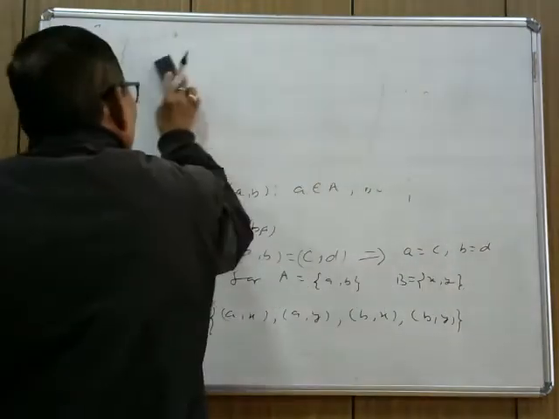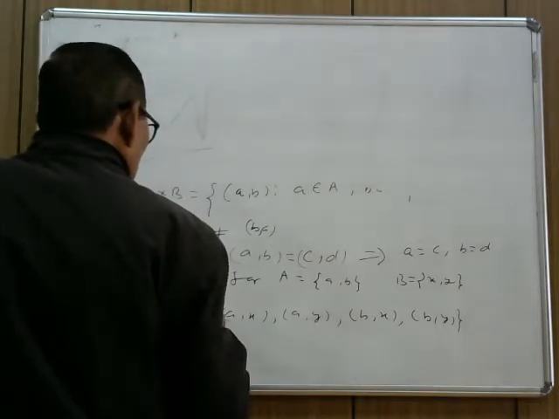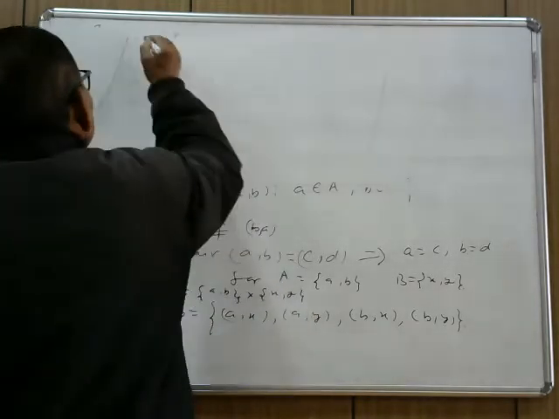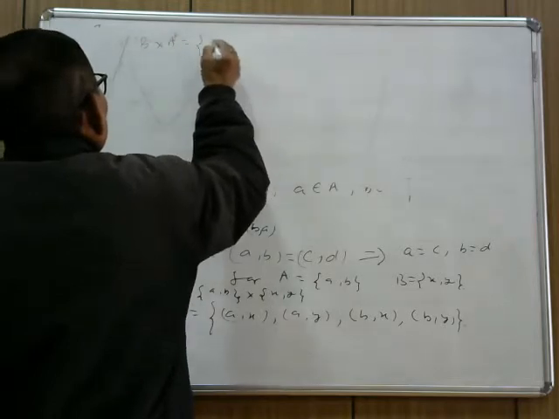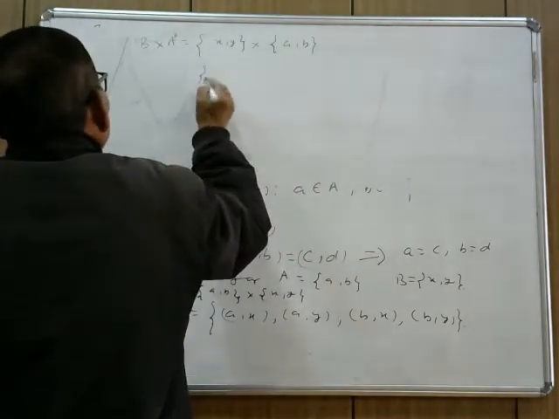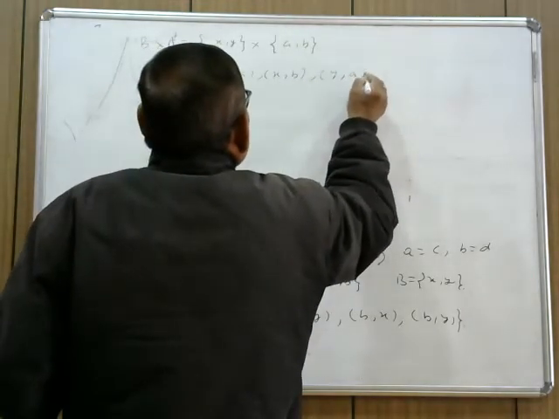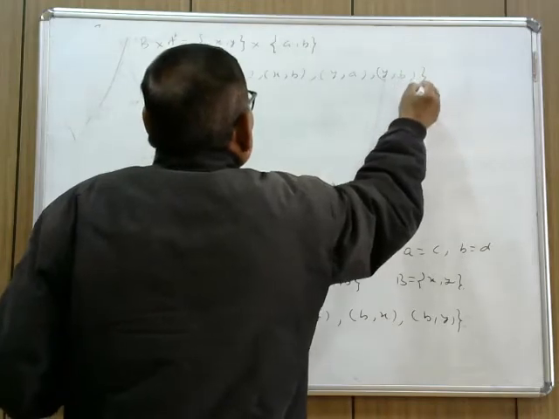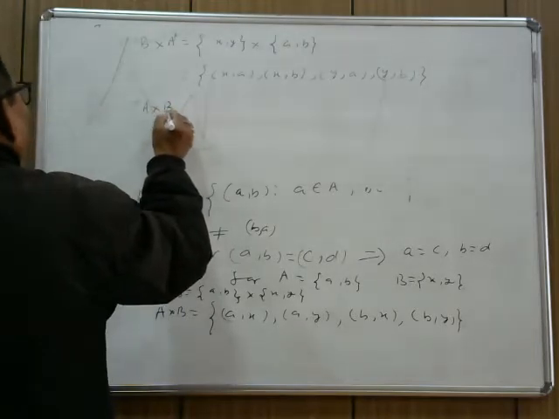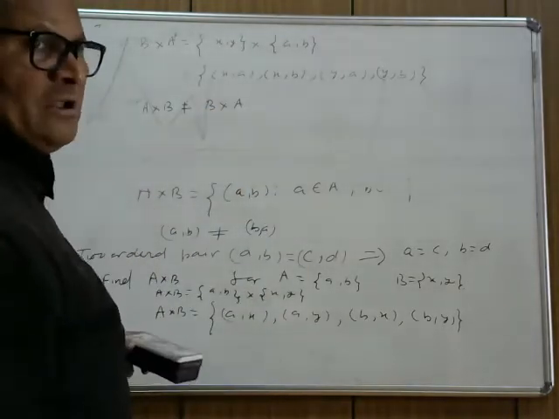In A cross B you obtained {a, b} cross {x, y}, and in B cross A it is {x, y} cross {a, b}, and this Cartesian product is written as (x, a), (x, b), (y, a), (y, b). So A cross B is not equal to B cross A.